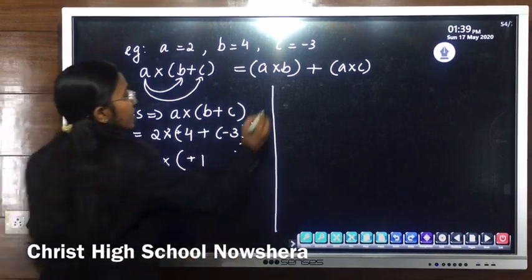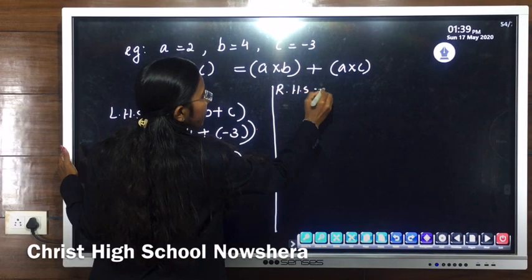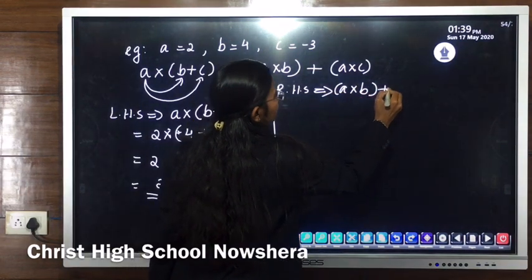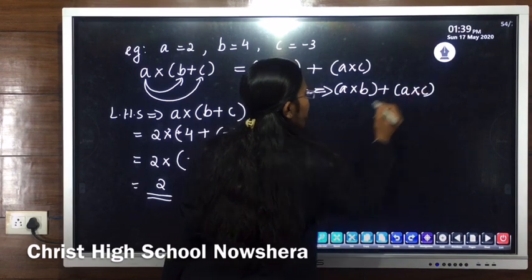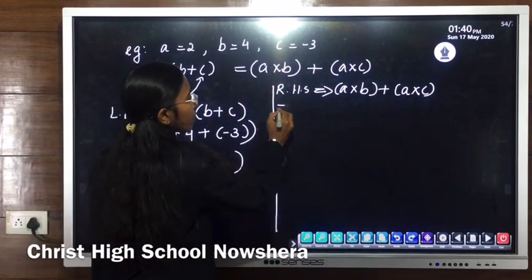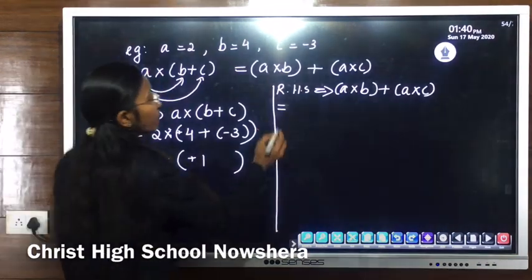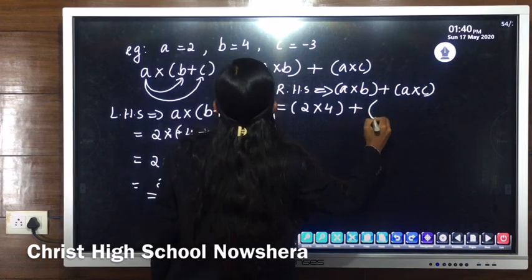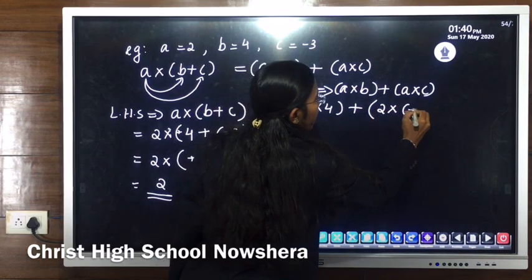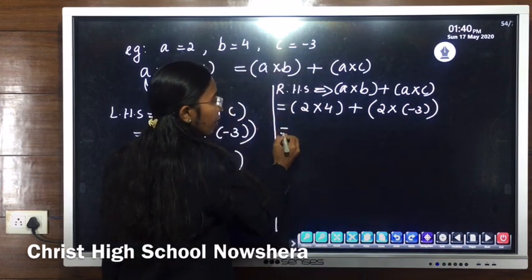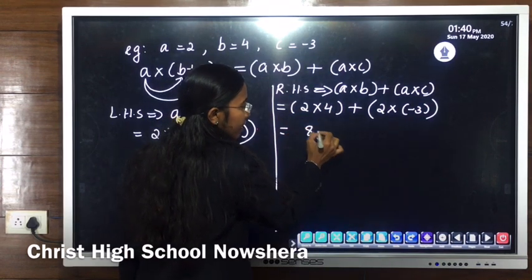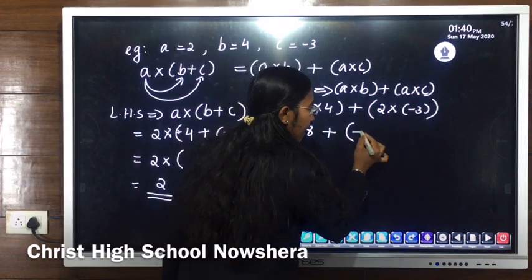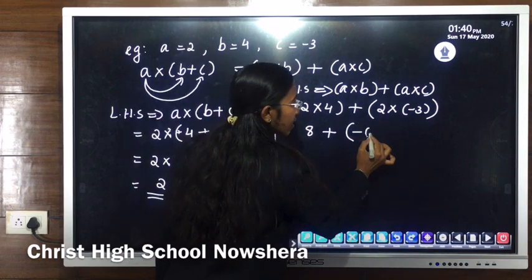Just check our RHS. RHS is a into b plus a into c. Substitute the values. a is our 2. That is 2 into 4 plus 2 into minus 3. The value of 2 into 4 is 8 plus, this is unlike integers, so our sign is always negative. 2 into 3 is 6.